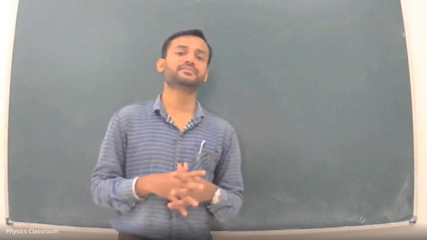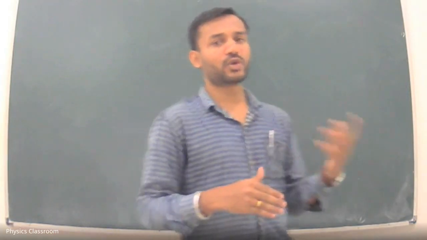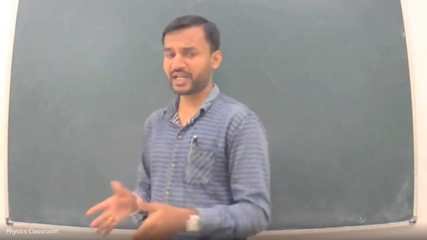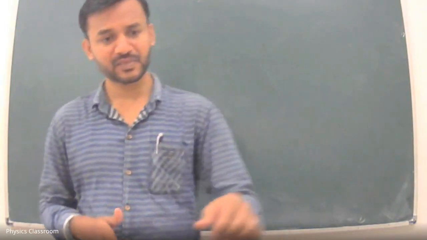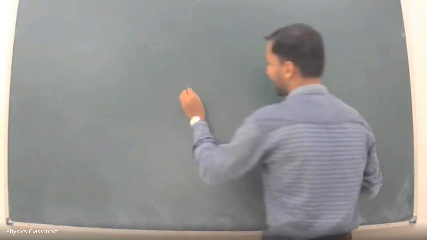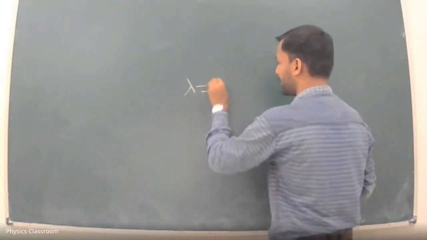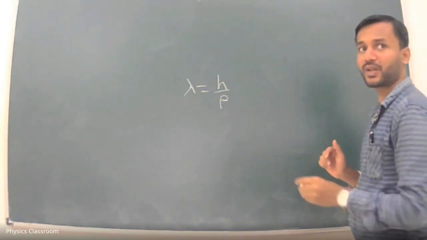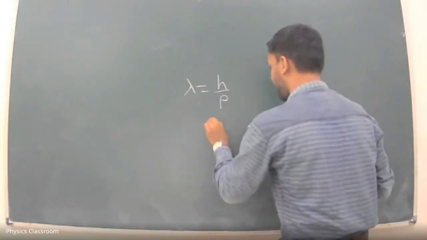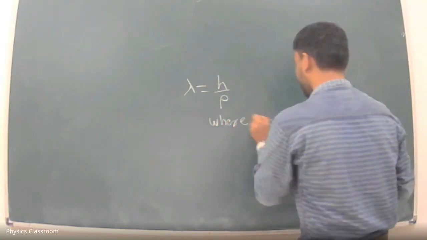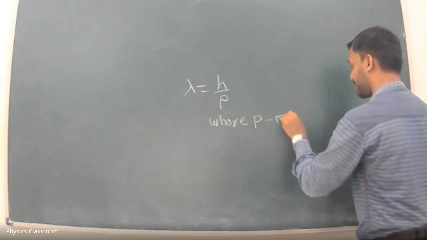Then we moved towards the de Broglie hypothesis. On that hypothesis, we proved the last equation, lambda is equal to h upon p, where p is momentum.